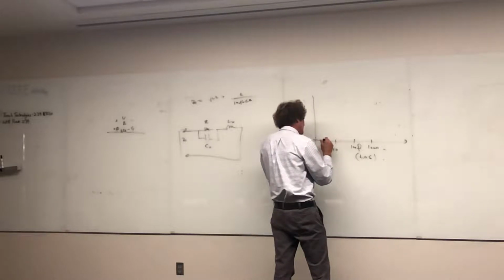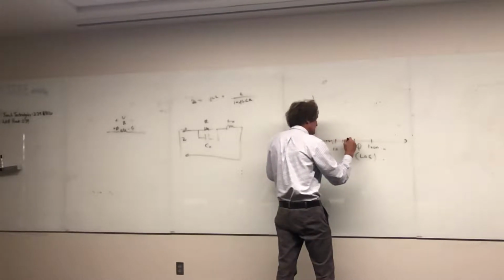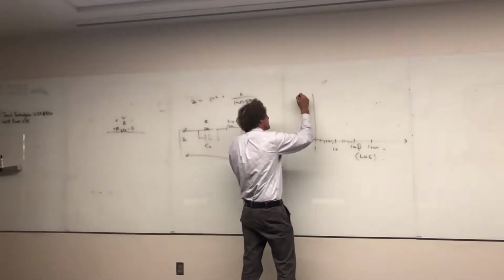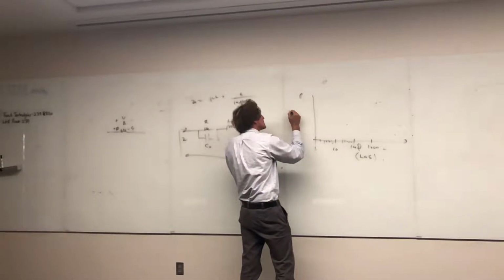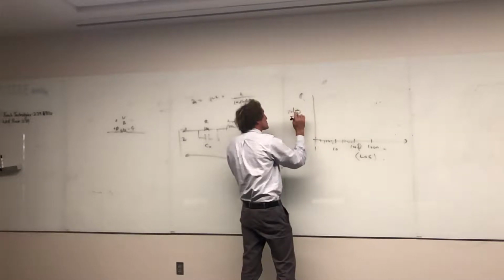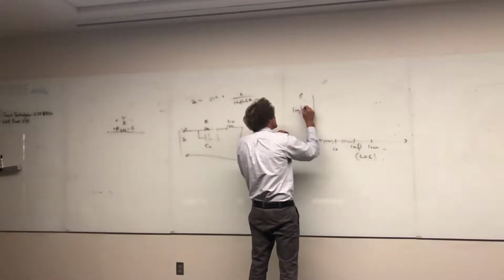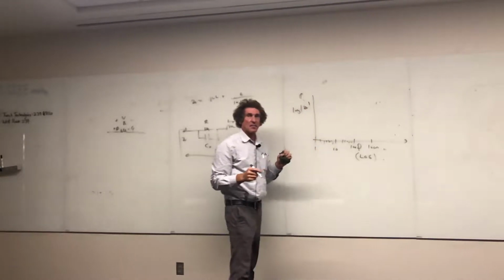And then you get your demarcations like that. On this axis, almost always, it's 20 times the log of the magnitude of Zn. I'm going to talk about that in a second.